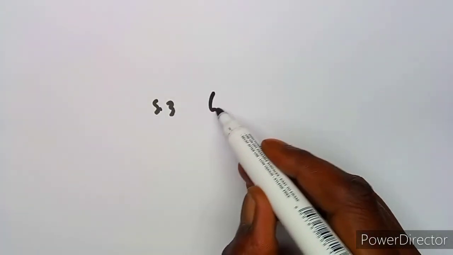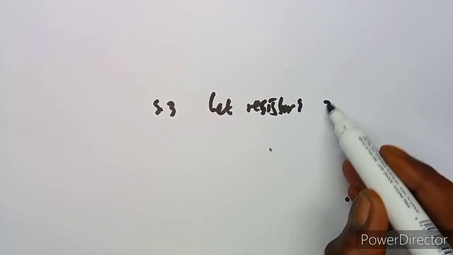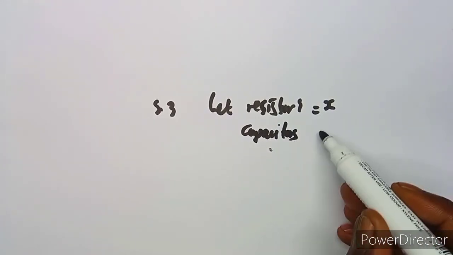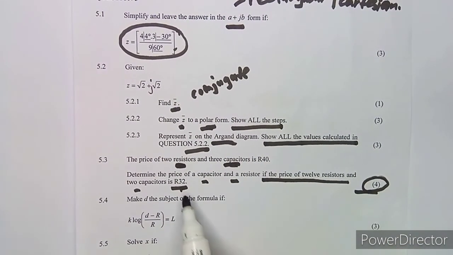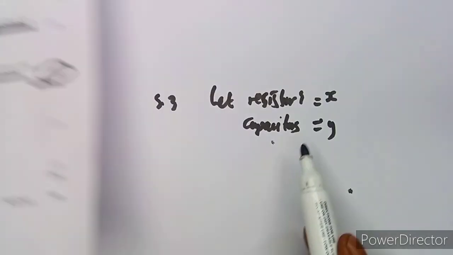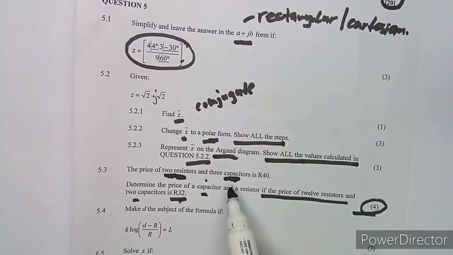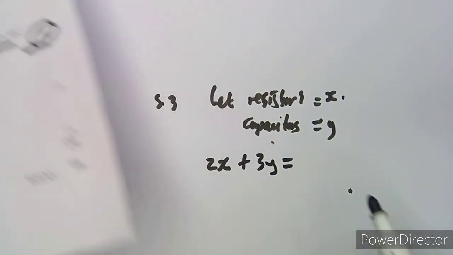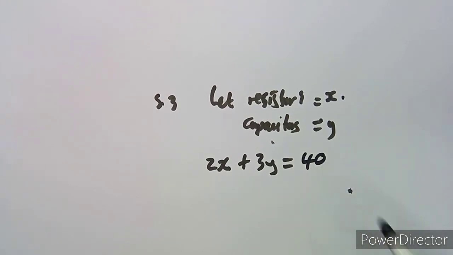So let our resistance in this case be X and the capacitors be Y. The first part says the price of 2 resistors and 3 capacitors: 2 resistors means 2X, 3 capacitors means 3Y. The total is 40 rand.